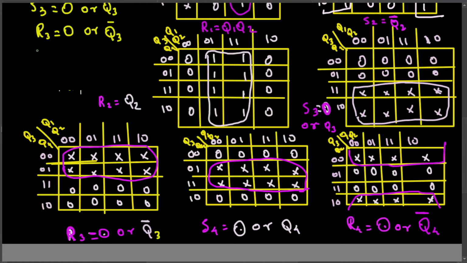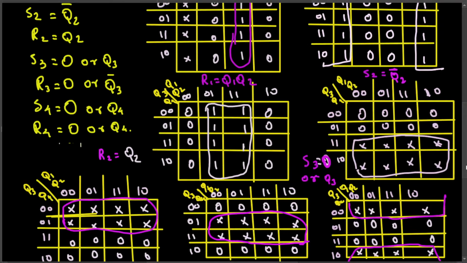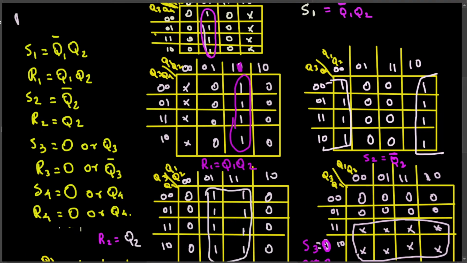And then we have S4, that is 0 or Q4. And R4 also 0 or Q4. Okay, these are the expressions we derived from the K-map. Let me copy these expressions and bring them to a new page.